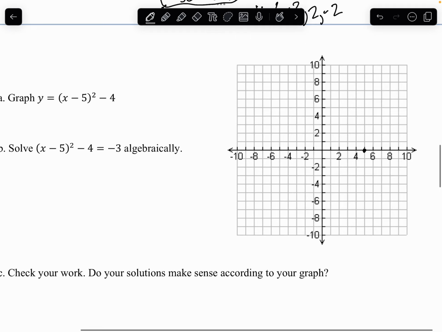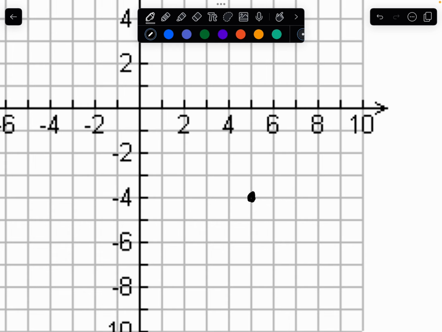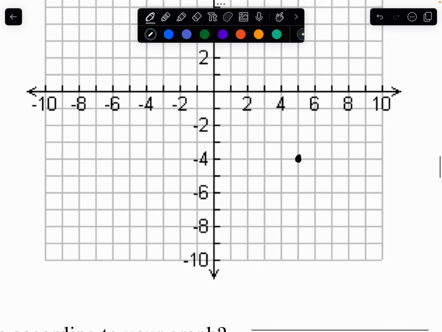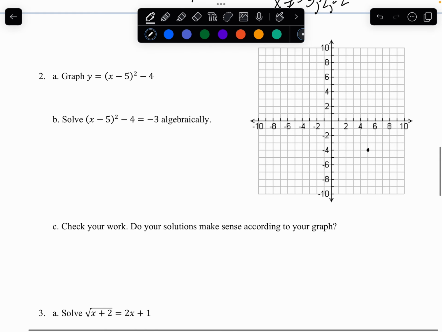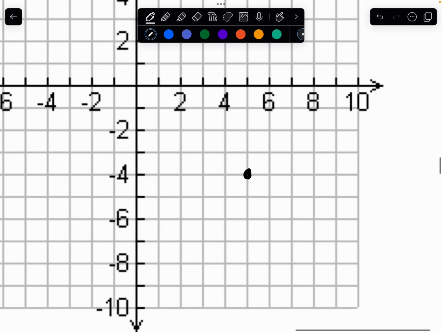Then you go down negative 4, so we go down here. So our vertex point is at 5, negative 4.